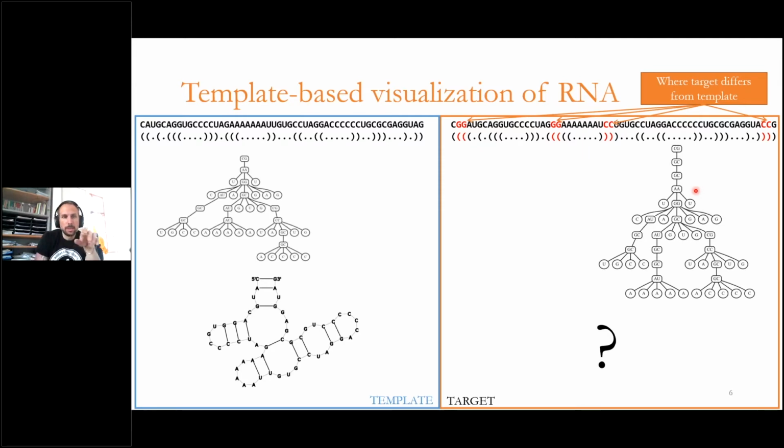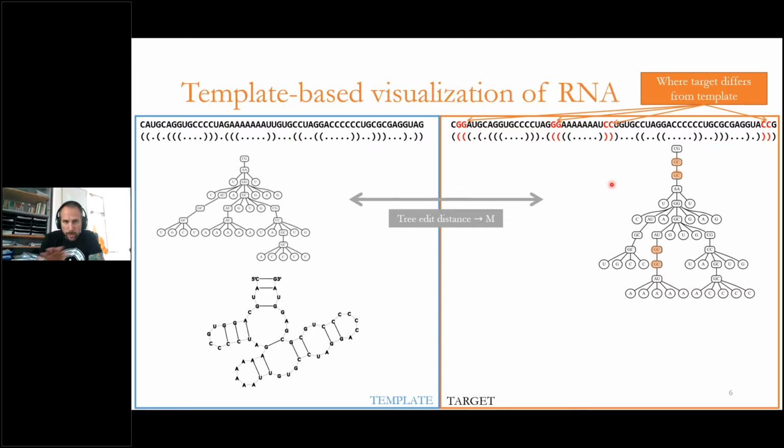Then we create a mapping between these two trees, and the mapping tells you which nodes, and nodes correspond to either base pairs or unpaired nucleotides, need to be inserted, deleted, or relabeled to turn the template tree into the target tree, or vice versa, right? So that's the same thing as with sequence edit distance, for example.